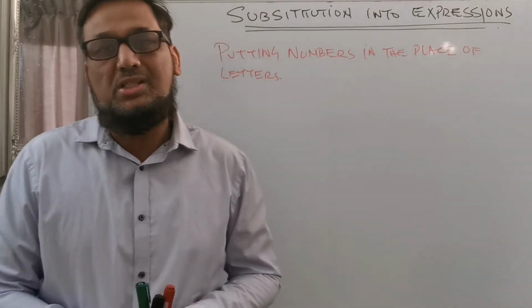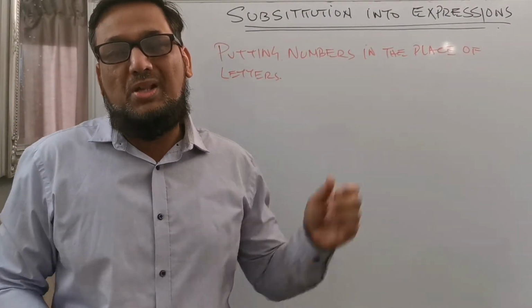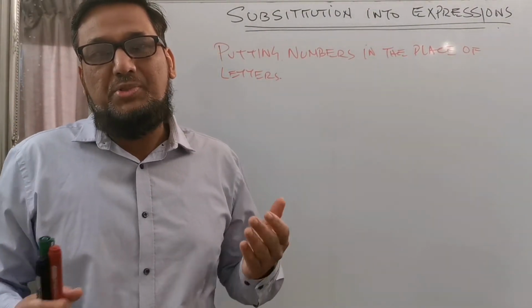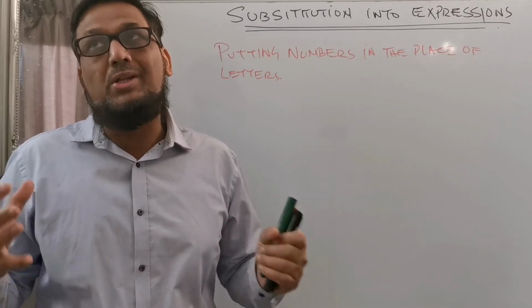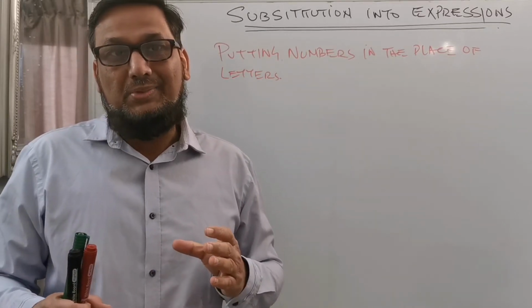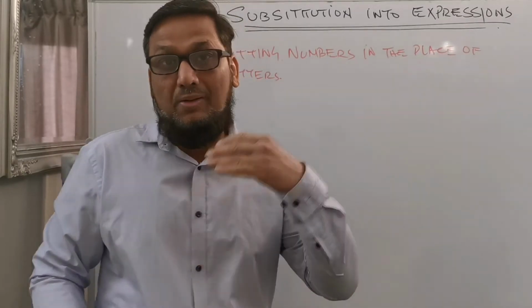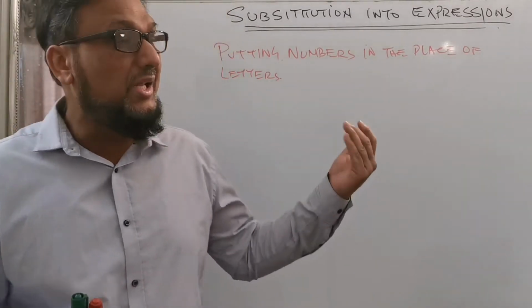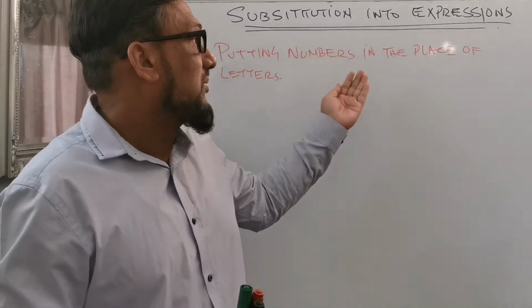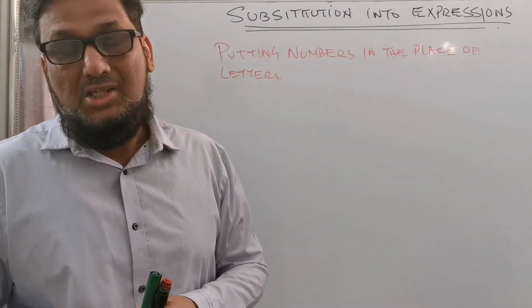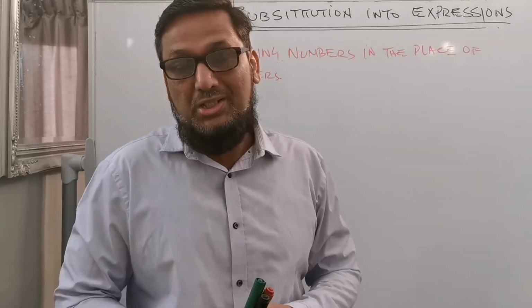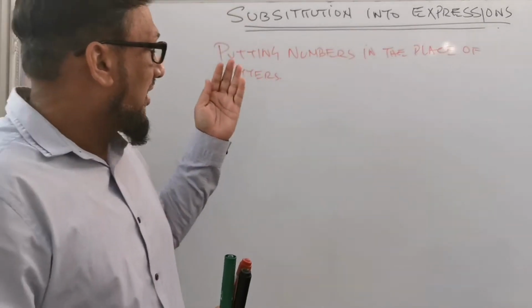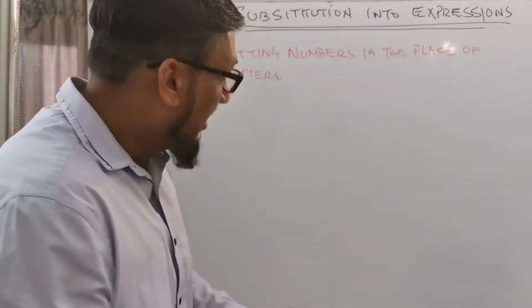Today I'm going to discuss a topic called substitutions. We already discussed in equations how to substitute a value, where a number has been replaced by a symbol or any letter. The same applies to substitution in algebraic expressions.